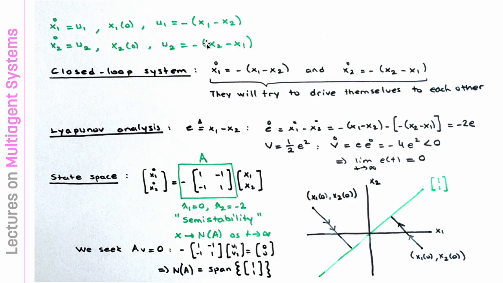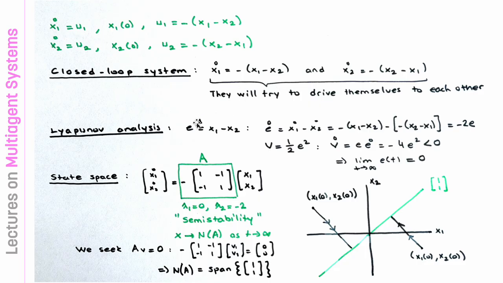Likewise, the second agent has a feedback component like the first agent, but tries to drive itself to the first agent. So here, if you write the closed-loop system, x1 dot depends on x2 in addition to itself, and likewise x2. We inspect, just intuitively, that the states of both agents will try to drive themselves to each other.